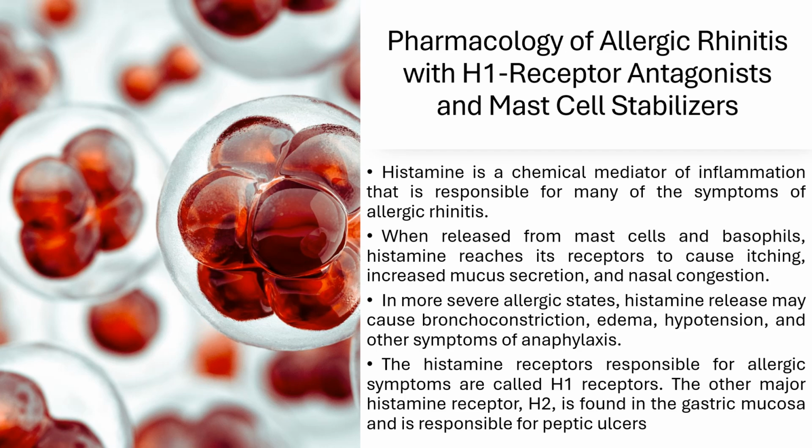Because the term antihistamine is non-specific and does not indicate which of the two histamine receptors are affected, H1 receptor antagonist is a more accurate name. In clinical practice, as well as in this text, the two terms are used interchangeably.